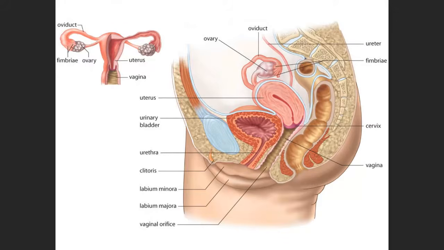It's very important as well to realize part of this course requires knowledge of comparative anatomy. So in other words, the ovaries are compared to the testes in males. The oviducts will be compared to the vas deferens.